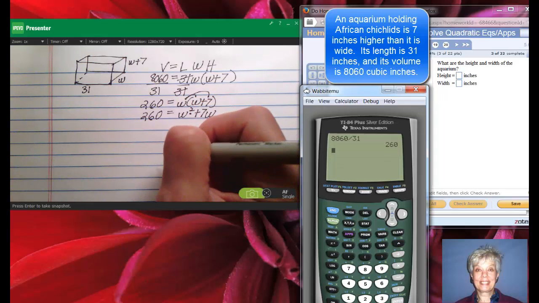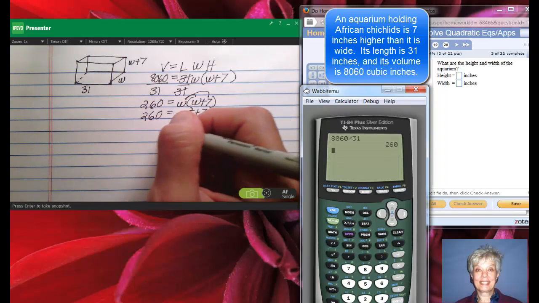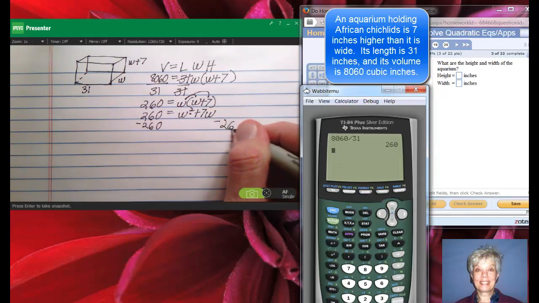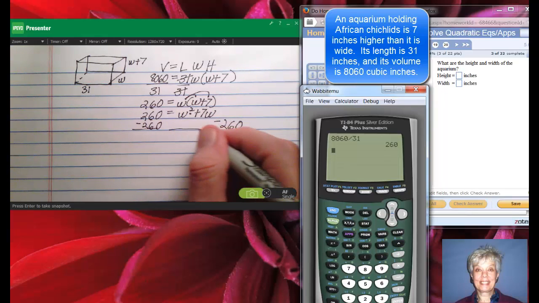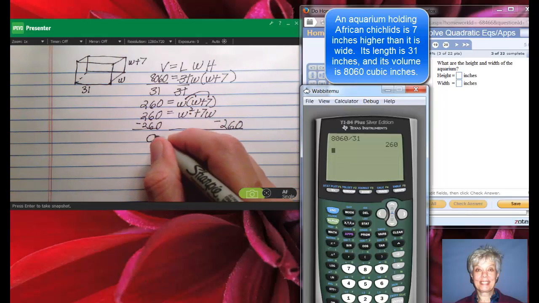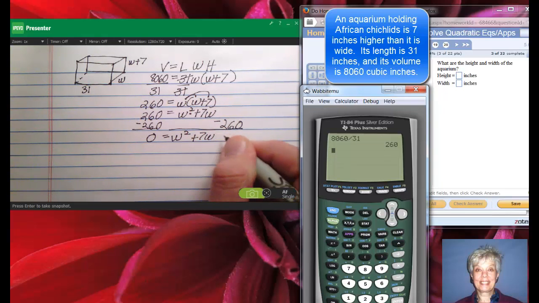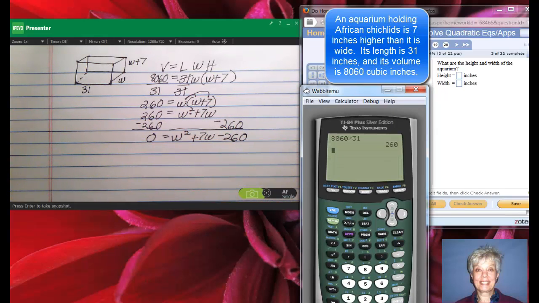This is a quadratic equation. The highest power is 2, so I'm going to subtract 260 over to the other side so that I can set my quadratic equation equal to 0. Now we just have to figure out how to factor 260, or negative 260 really, in order to get two factors that add up to 7, which is our B number.